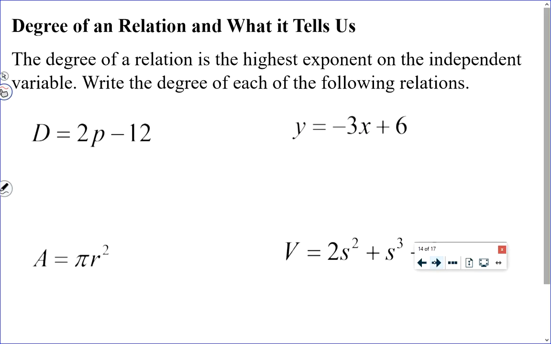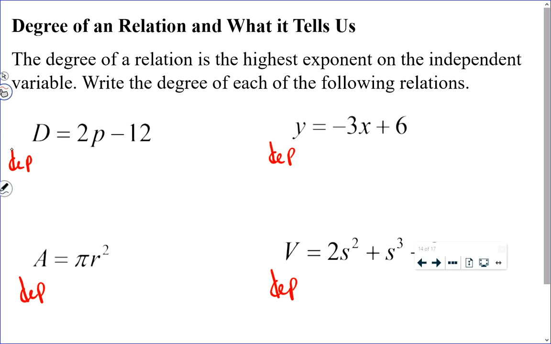One final thing I want to look at today is called the degree of a relation. This isn't huge, but it's something that you're going to learn about in 10C that you apply in both 20-1 and 20-2, and in the 30 level as well. The degree of a relation is the highest exponent on the independent variable. So I've already set this up so that you know from now on, when you have a variable written as being equal to something, it's the dependent variable.